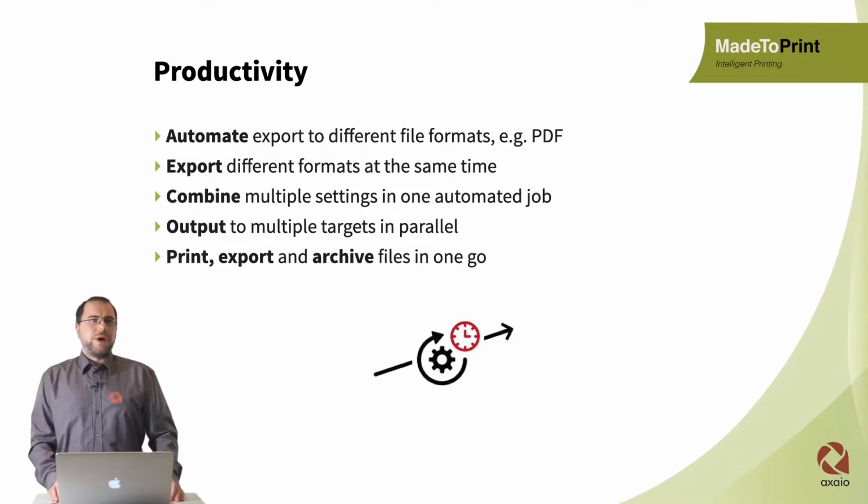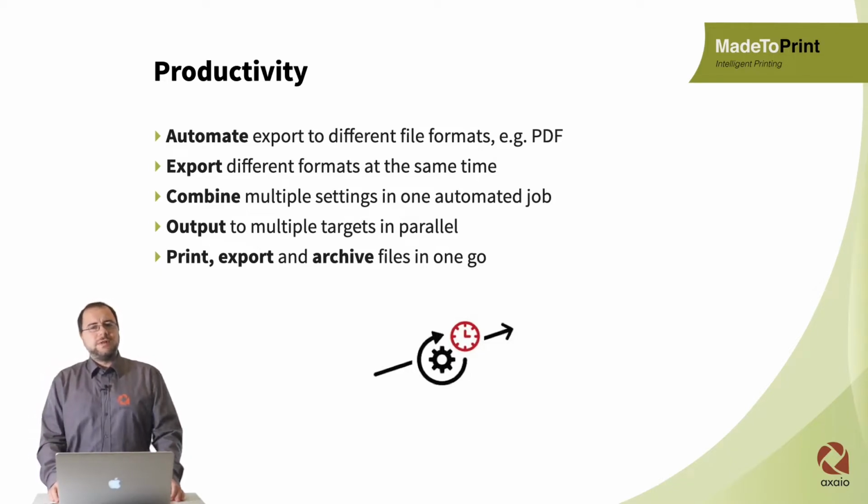So one part is the productivity that we increase, and we do that so you can automate the output to all different output formats. You can export to PDF, which might be the main one, but also JPEG, InDesign packages, and so on. With MadeToPrint, you can export to different formats at the same time, in parallel.